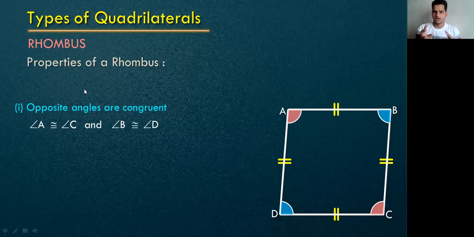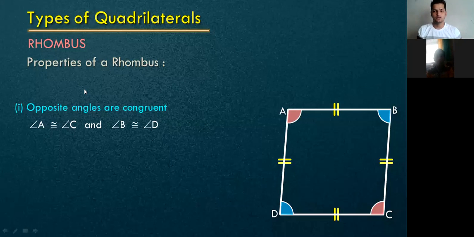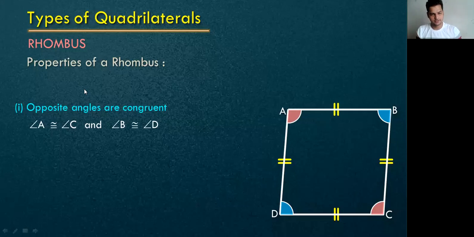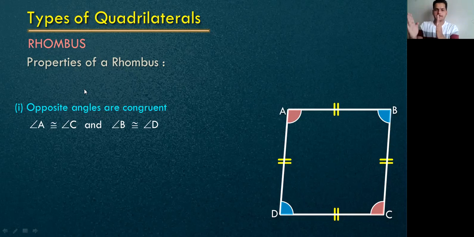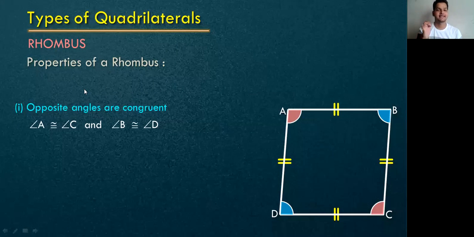So we come to one conclusion that all the sides are congruent to each other, right? And the opposite angles are congruent. But this does not mean that all the angles are 90 degrees, like a square. So the basic difference between square and rhombus is only the angle. In a square, all the angles are 90 degrees.